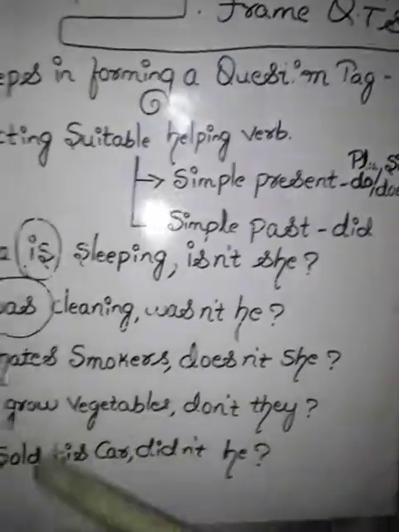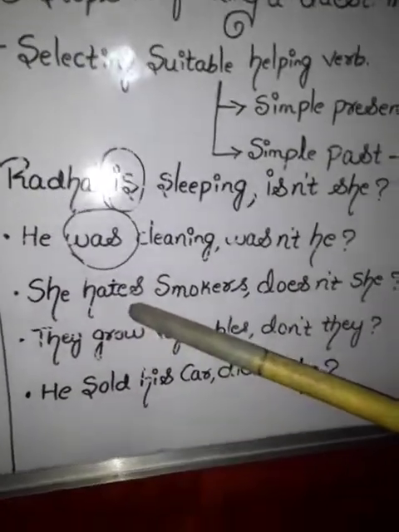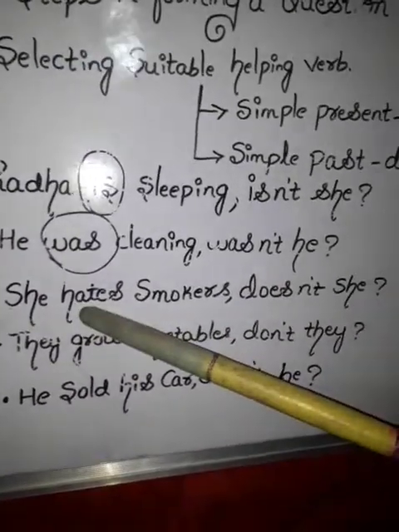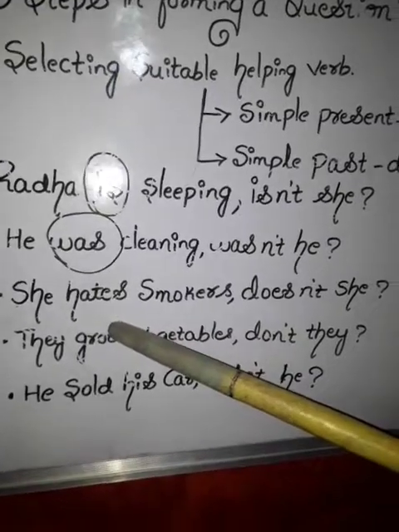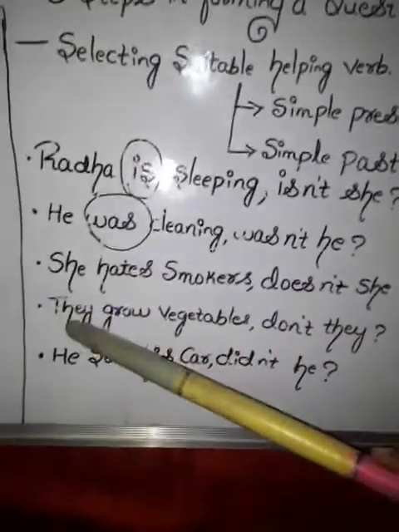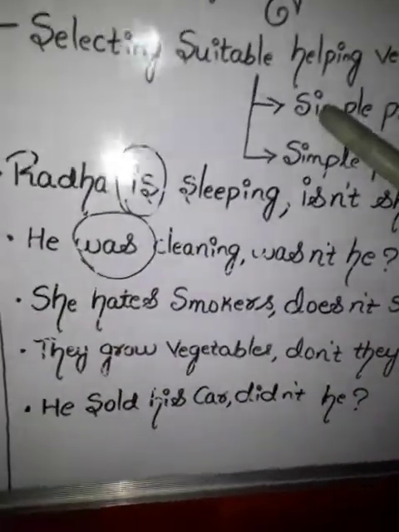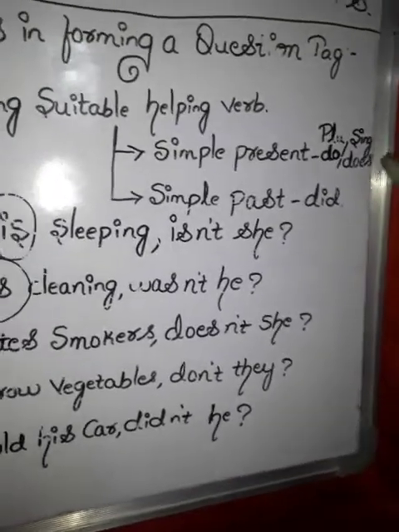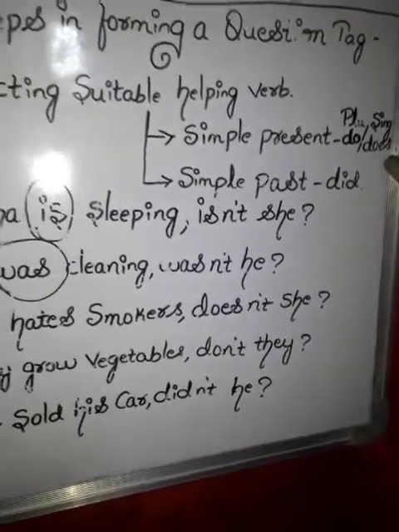Let us see some examples. She hates smokers. Here there is no helping verb in the given statement. There is a main verb hates, which is in simple present tense, and the subject is singular. She is singular. So for simple present singular, does is used as the helping verb.